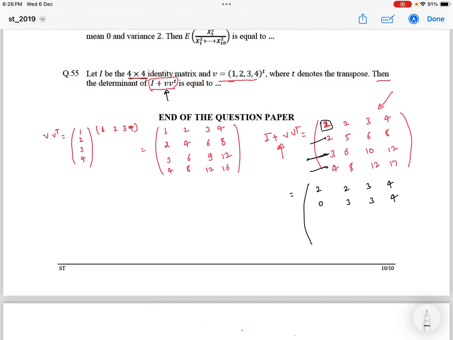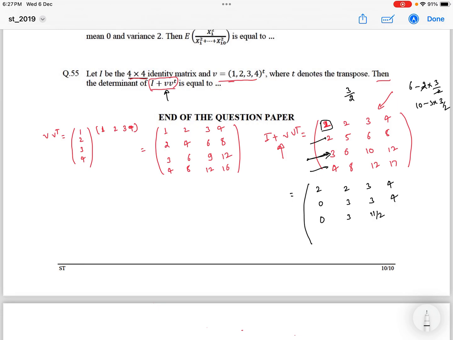And if we want to make this 0, then the multiplier will be 3 by 2, so it will be 0, and here we will have 6 minus 2 into 3 by 2, so it will be 3, and here we will have 10 minus 3 into 3 by 2, so here we will have 11 by 2.